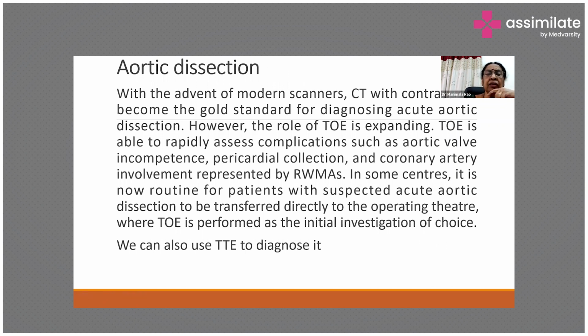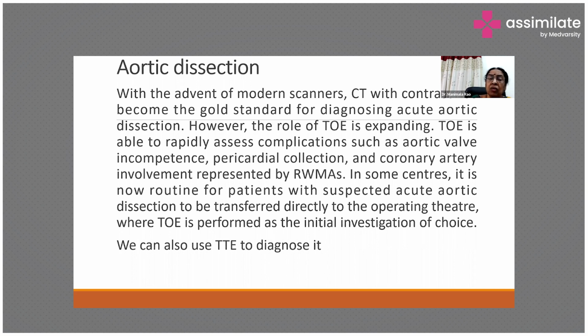Another one is aortic dissection. With the advent of modern scanners, CT with contrast has become the gold standard for acute aortic dissection. However, sometimes the role of transesophageal echo is also expanding. Sometimes they can very quickly see a little aortic incompetence, a pericardial collection, or sometimes coronary involvement.